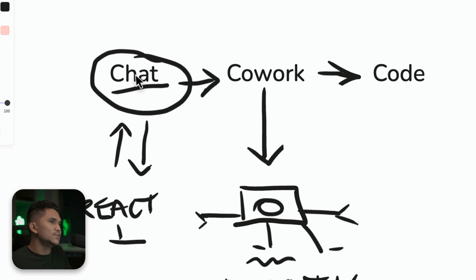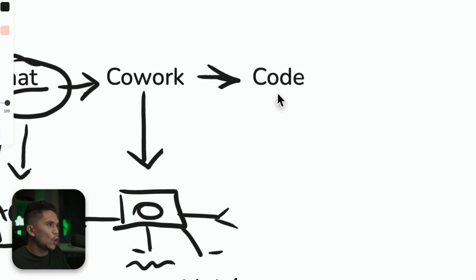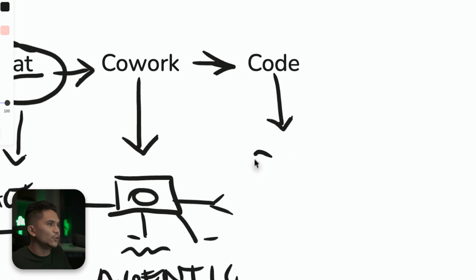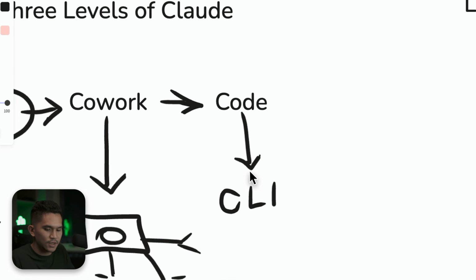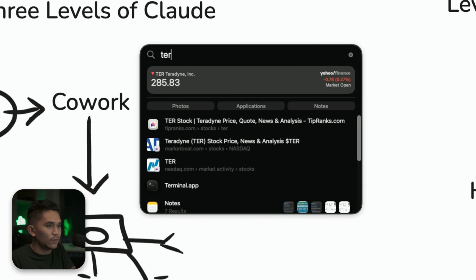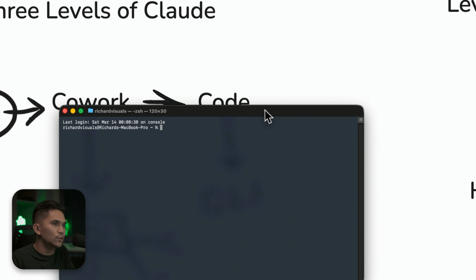You have chat, you had cowork, and code. Now, the whole thing about code is that it is accessing your CLI. Now, what is a CLI? A CLI means command line interface, which is essentially the terminal that we use to control our computer, right? When you do something with sudo or whatever.